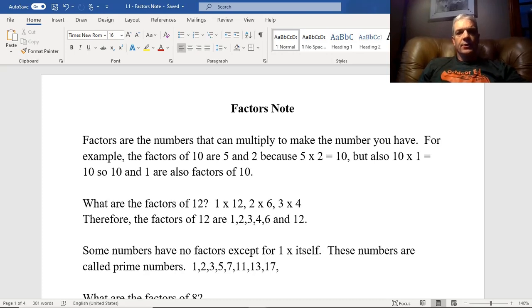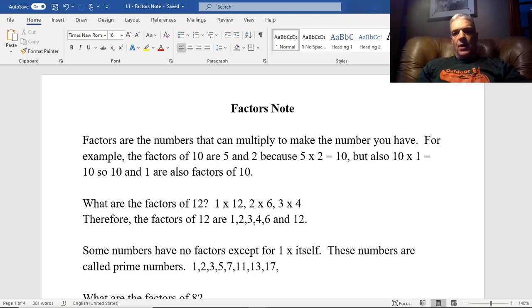All right, so factors are numbers that can multiply to make the number you have. I like to say it in a real simple term. Factors is like making a multiplication question. The example I use here is for 10. 5 and 2 are factors of 10 because 5 times 2 equals 10.